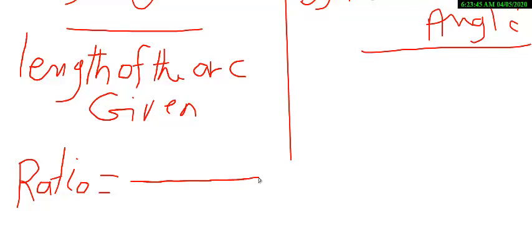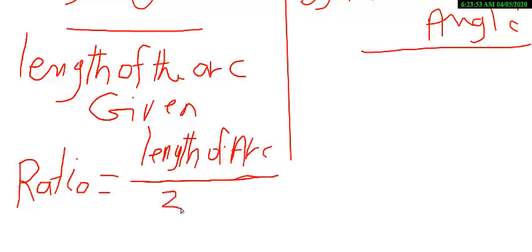So here I'm gonna say length of arc over 2πr, which is the circumference of the circle. So I'm gonna focus again. If the question mentioned the length of the arc, to get the ratio of the sector, you have to divide the length of the arc by the circumference of the circle.